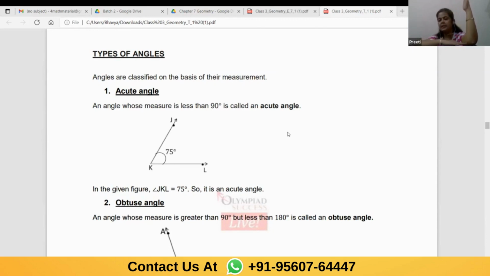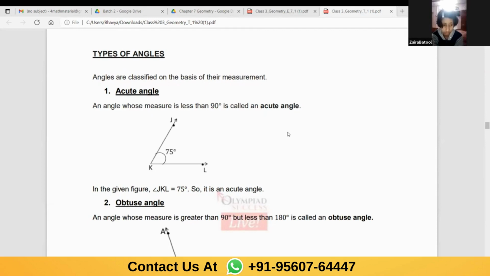Anything that lies between 0 and 90 degree is called an acute angle. By looking at the shape of the angle only, you will get to know that it is acute. It should be less than the L shape and more than overlapping lines.